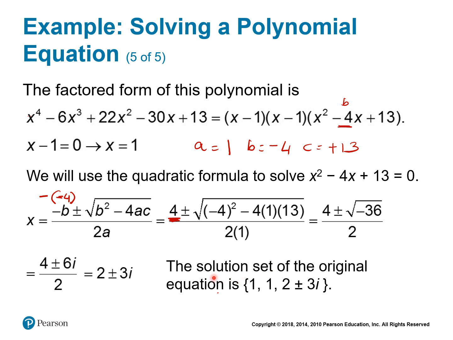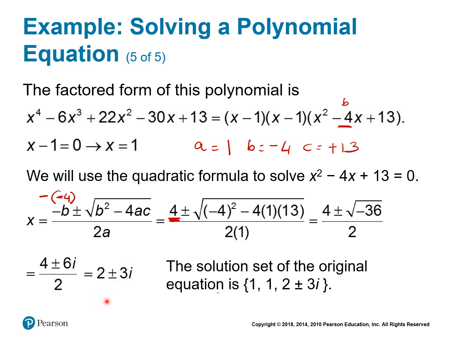So we get a solution set which is 1, 1, and then 2 plus 3i, and automatically 2 minus 3i, the conjugate. Any quadratic equation will produce two solutions.